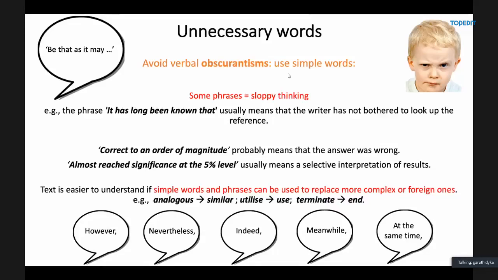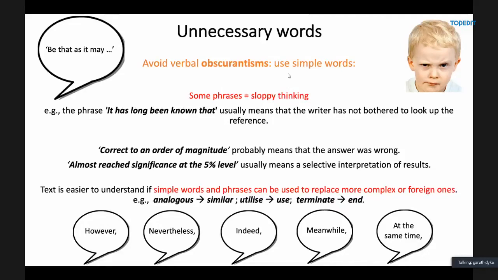He very often starts his sentences by saying, "Be that as it may," comma, and then continuing with the sentence. These words are unnecessary because you can delete them from the sentence and the sentence still makes perfect sense. In fact, the sentence is better without these kinds of words. So be careful that you try not to use them in your own writing.